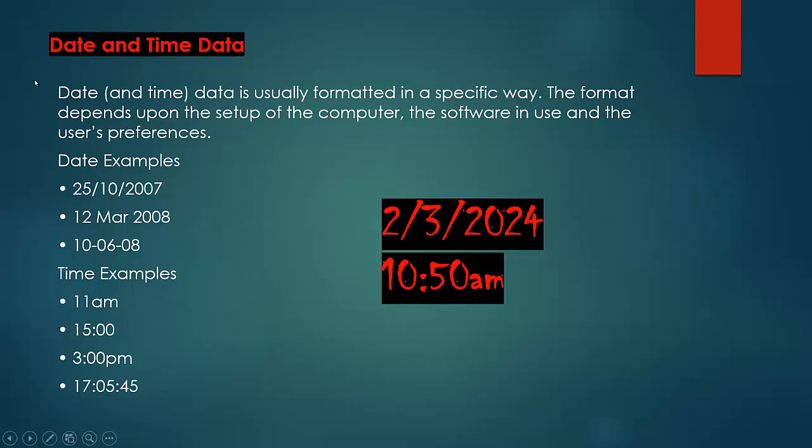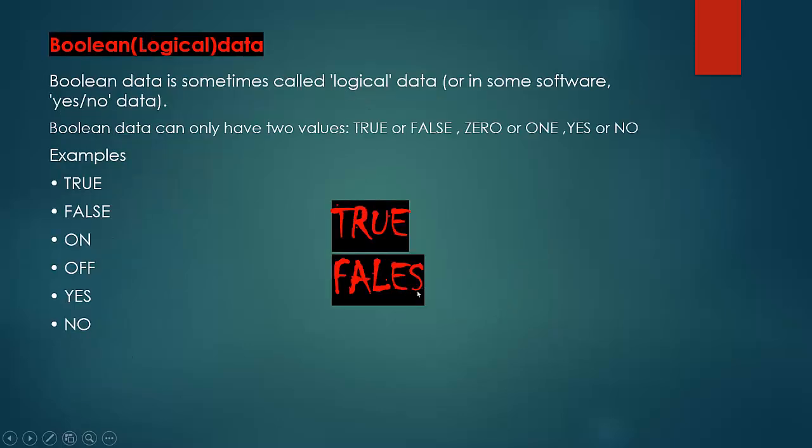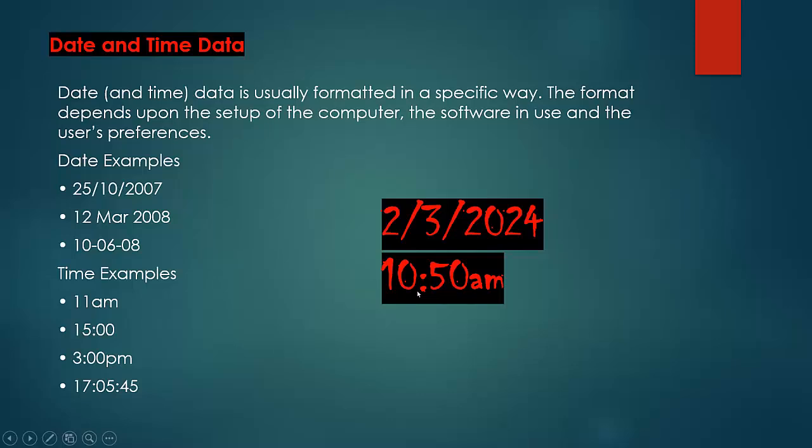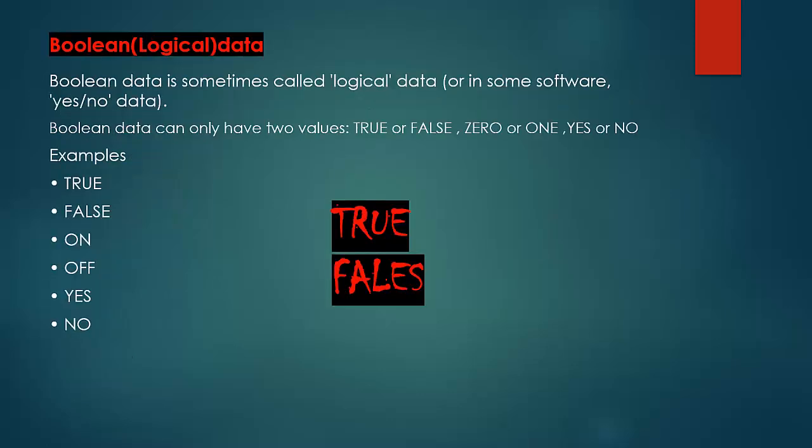So this is for the date and time, and we mentioned that the correct format of a date is day, month, and year. Day, month, and year. And this is the format of the clock, AM or PM, and this is how to write down the format of the date and time.